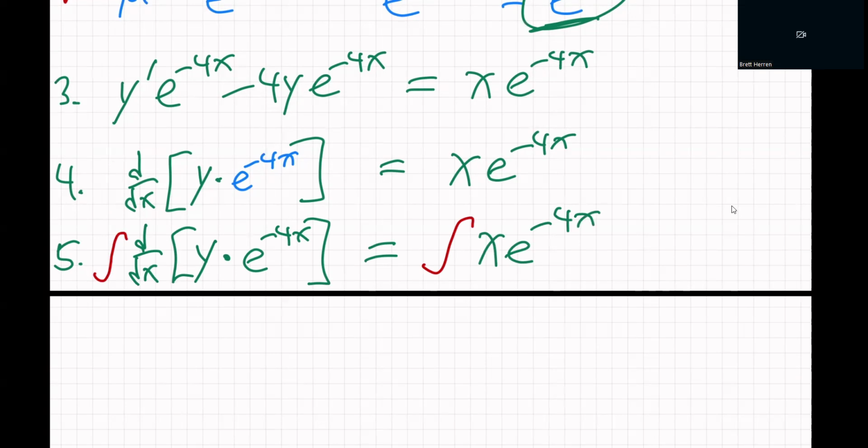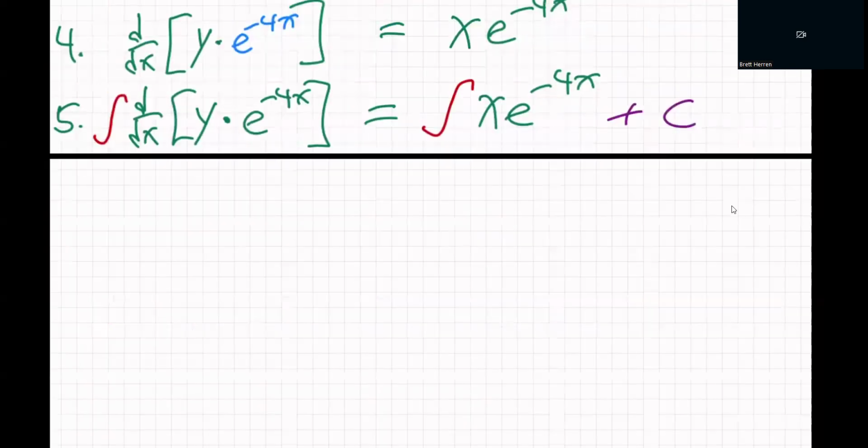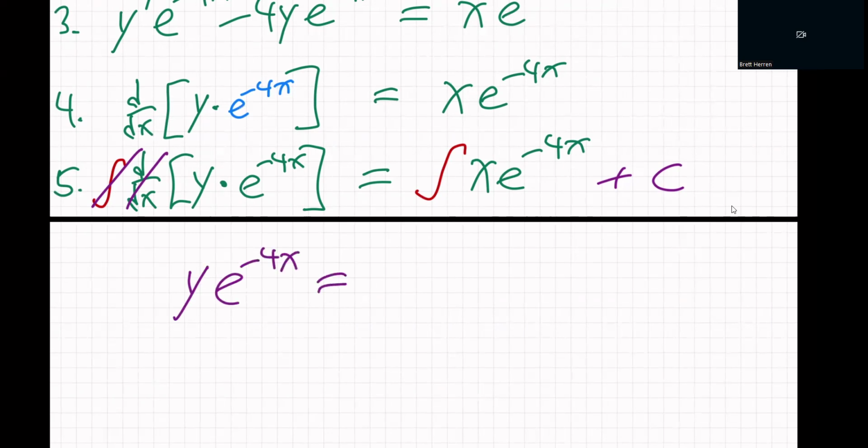Whenever you integrate both sides, you're going to have a constant, so I'll put in the c there. They told me to use c as my constant, right? An integral and a derivative are going to cancel each other out. They're opposites, remember? So this is just y e to the minus 4x equals.